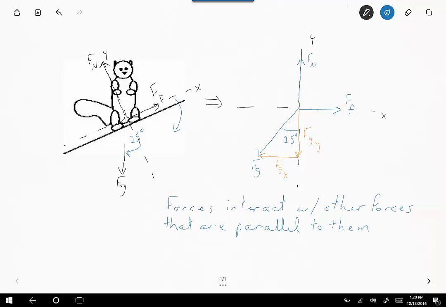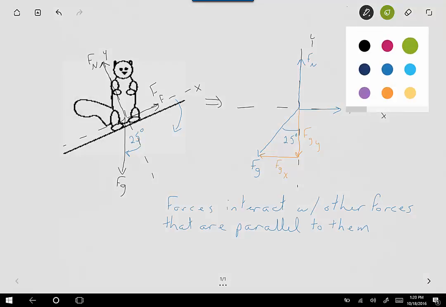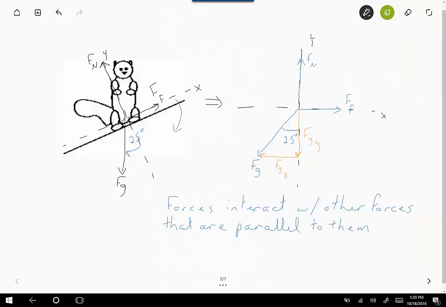When we're talking about what's going to interact with what, the normal force is parallel to the force of gravity in the y direction, and the force of gravity in the x direction is parallel to the force of friction. That means these are our 2 force pairs that are going to work with each other. So let's talk about how we can figure out what Fgx is and what Fgy is.